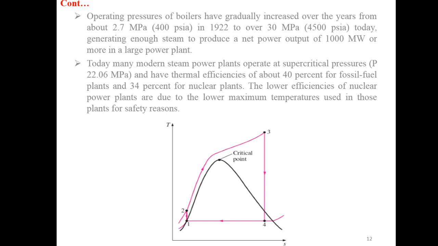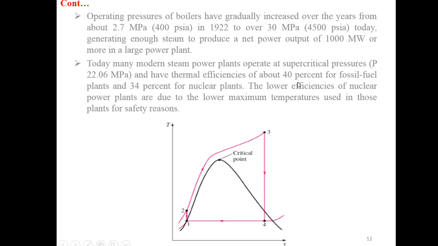So you can see we are generating a power output of 1000 megawatt or more. Today many modern steam power plants operate at supercritical pressure, that is pressure greater than this value. So our cycle will be like this, and have thermal efficiency of about 40% for fossil fuel plants and 34% for nuclear power plants.